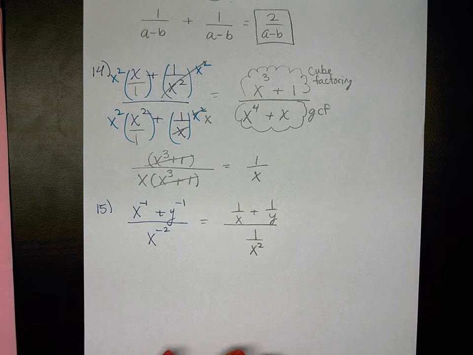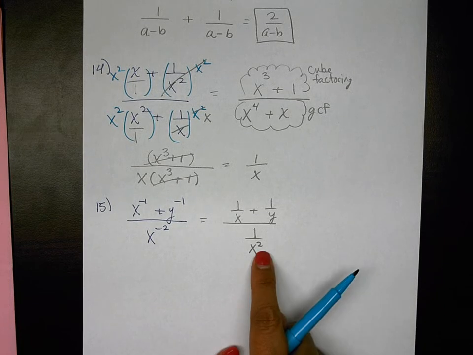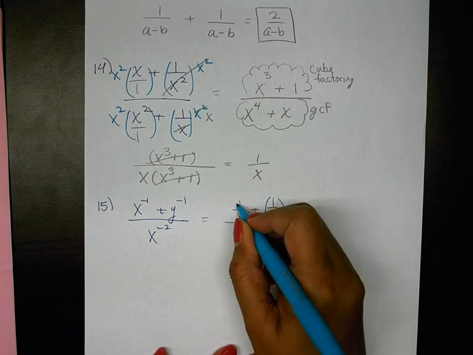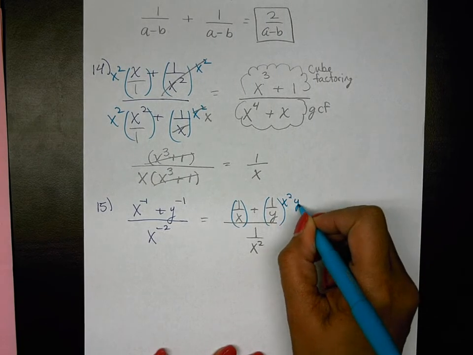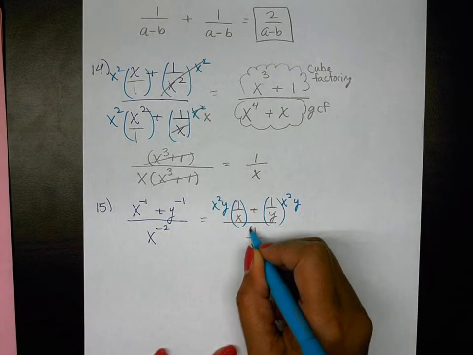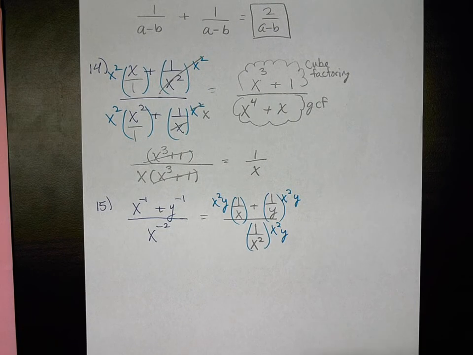X and xy. Very close. xy, but because this is a squared, it would have to be x squared y. That's it. All right, go ahead and reduce it for me. Tell me what you would get.